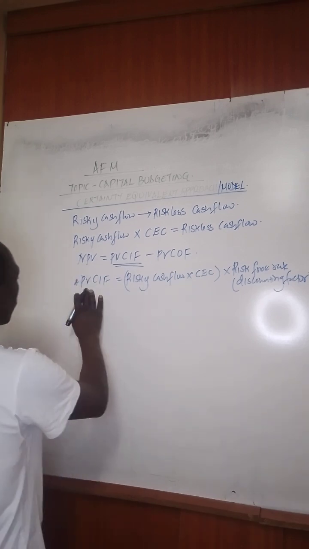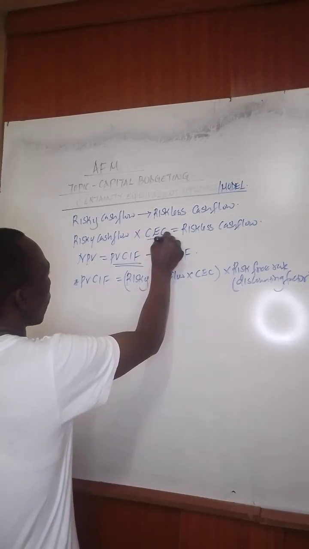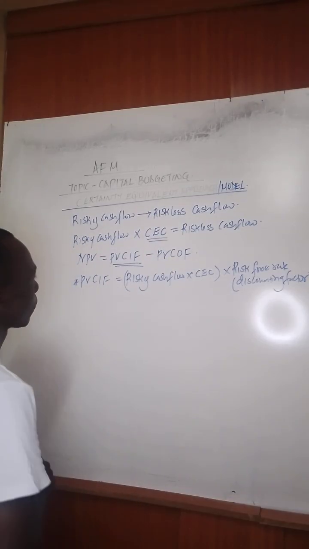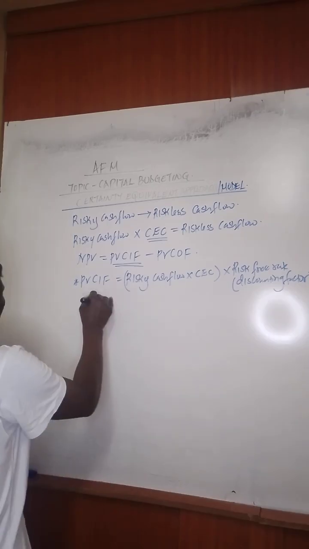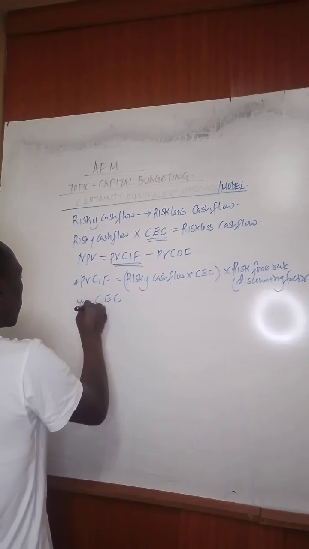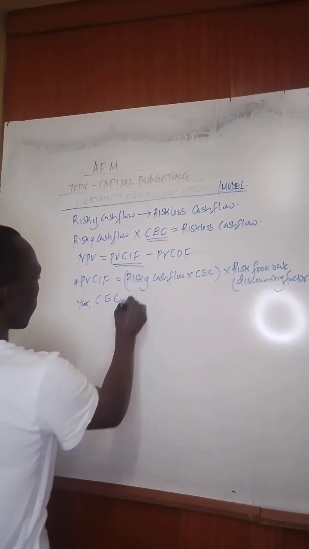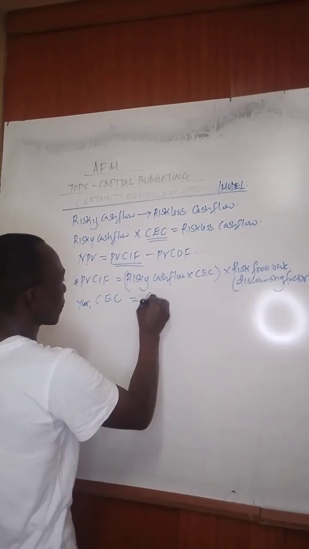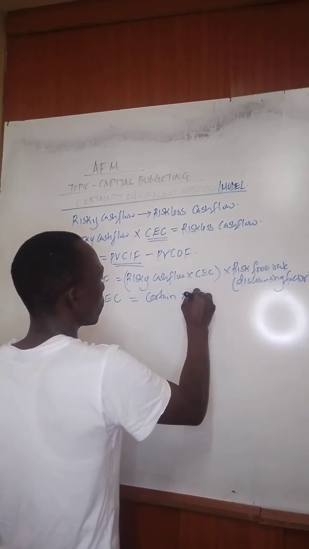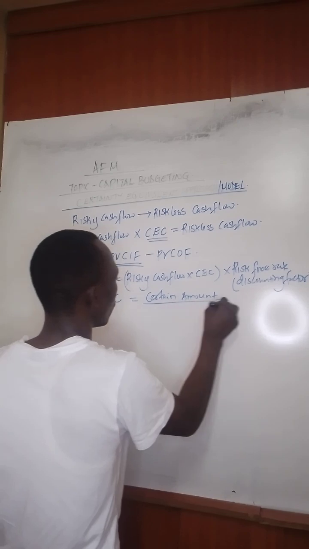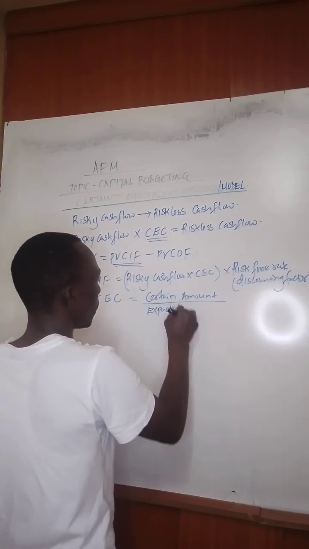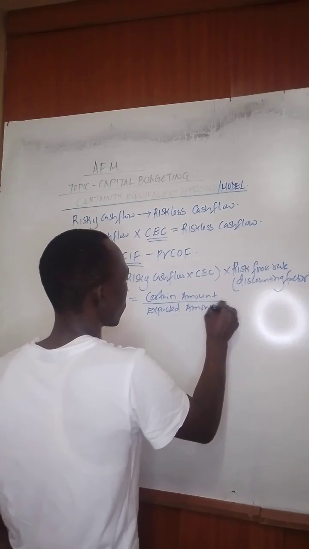In case the certainty equivalent coefficient is not given, we normally compute it. The CEC in year 1 is given by the certain amount divided by the expected amount.